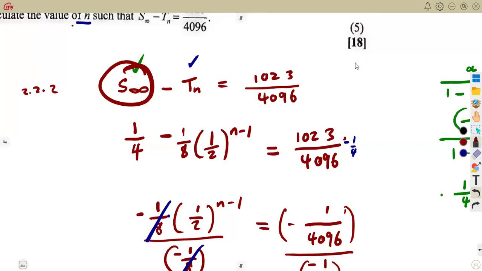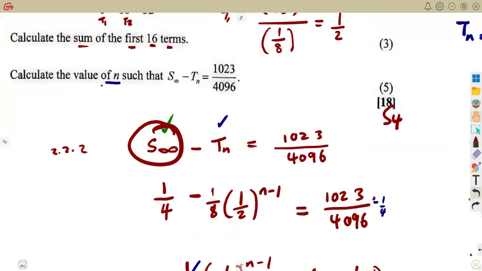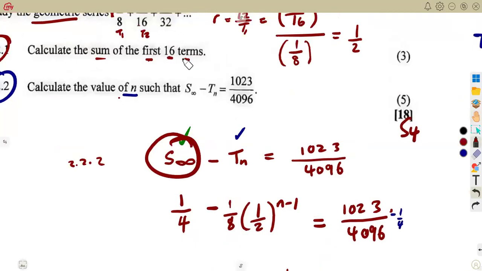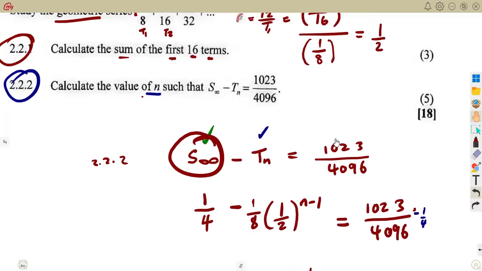Calculate S4 because you have the formula for the sum of terms. You calculate, just like here when we calculated the sum for the first 16 terms. So they can give you as an equation, maybe the sum for the first 4 terms minus Tn is equal to whatever that you're given. You have to find whatever that you're given here and your Tn equate to whatever that you're given. That's you have formed an equation. Solve. That's how these questions can be given.